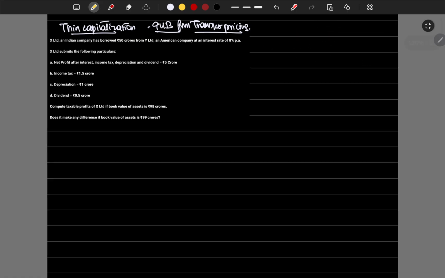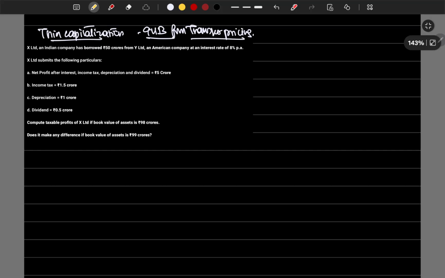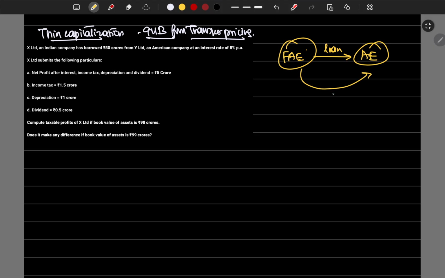Okay. So now thin capitalization. Why thin capitalization? Because when a foreign associate enterprise gives a loan to an Indian associate enterprise, the foreign associate enterprise can also raise their equity. They can give money in terms of equity.